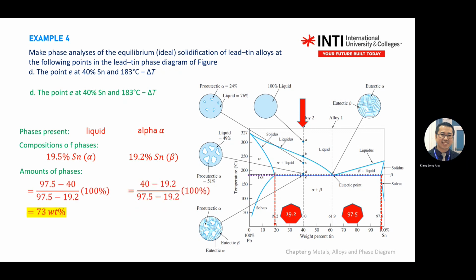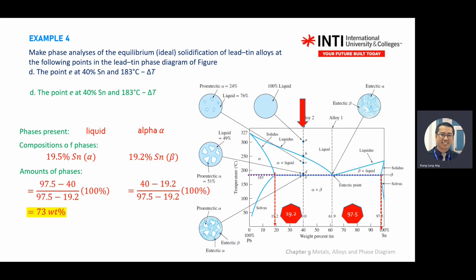Okay, yeah. So to find the phases, for alpha, you take this side here to here. You take 97 minus 40 divided by total length. You get alpha. To find beta, this length, 40 minus 19 divided by total length.